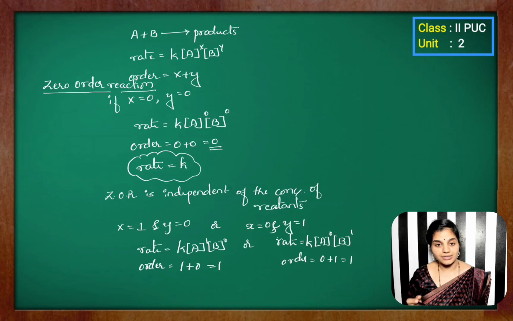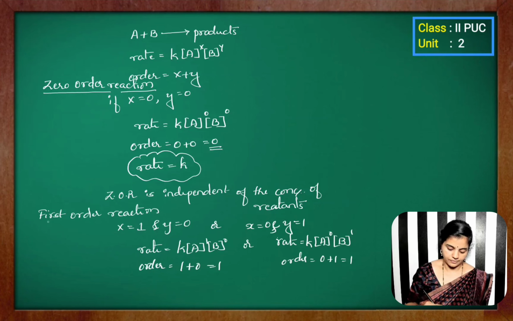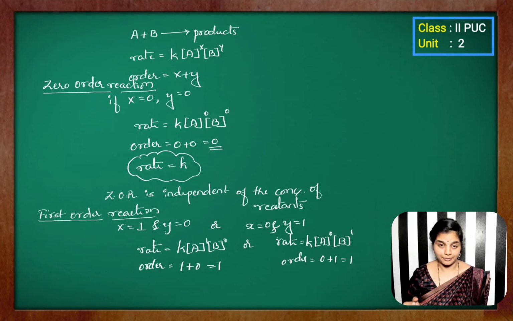So when order of reaction is equal to 1, we call it a first order reaction. So this is a first order reaction. So when we have two reactants A and B, the order of the reaction depends on the first power of concentration of any one of the reactants.